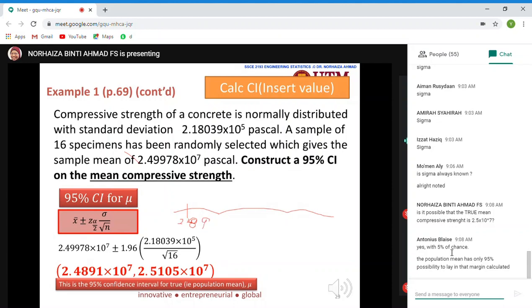2.489. This is 2.5. So 2.5 is here. So that means this is 2.489.